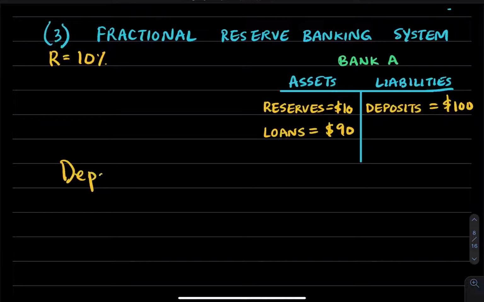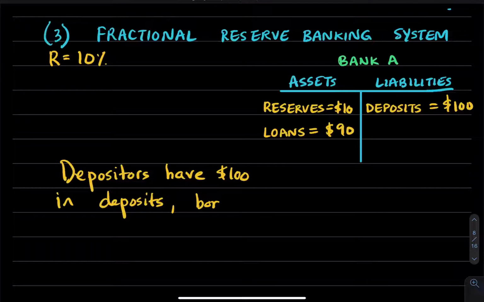depositors have $100 in deposits. Okay, this could be their checking account, for instance, and borrowers.